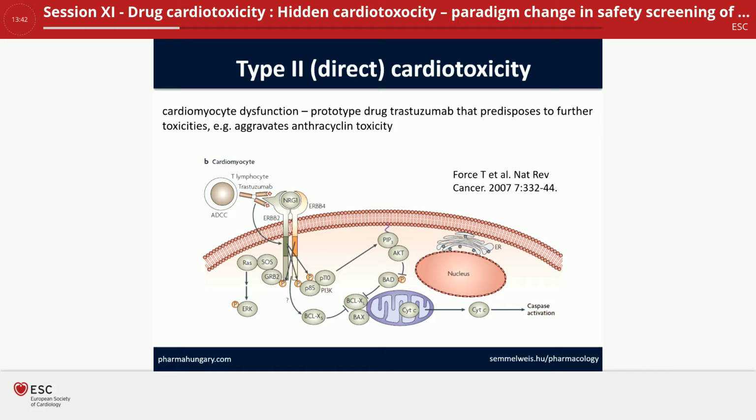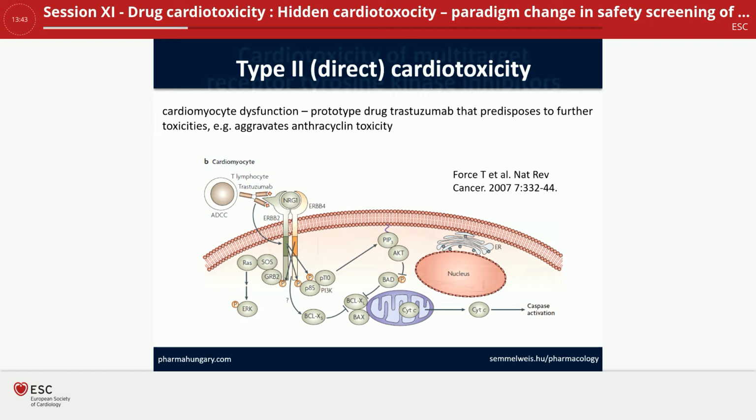The prototype drug is trastuzumab, and this dysfunction predisposes the heart to further toxicities. For example, if the patient is treated with trastuzumab, then the anthracycline toxicity is aggravated, and it can appear even earlier. You know that anthracycline toxicity sometimes appears 10 years later or even longer, according to some clinical data, but the next presentation will show a little bit more about it.